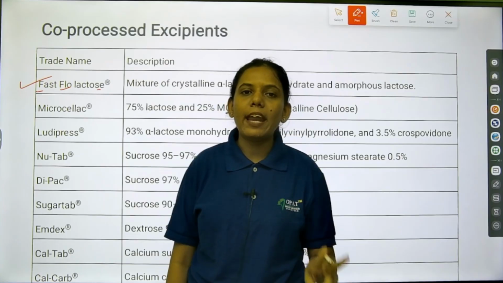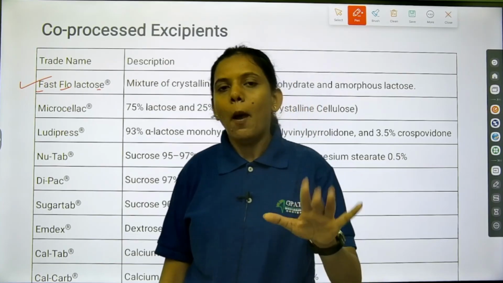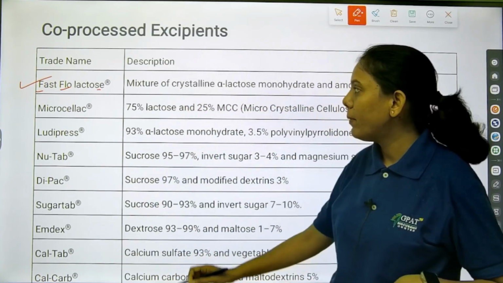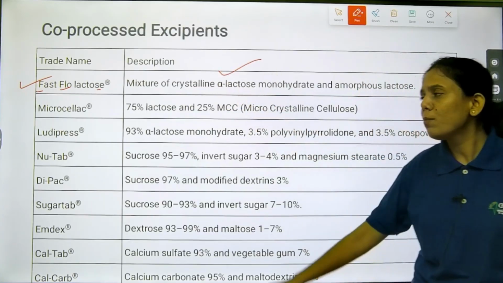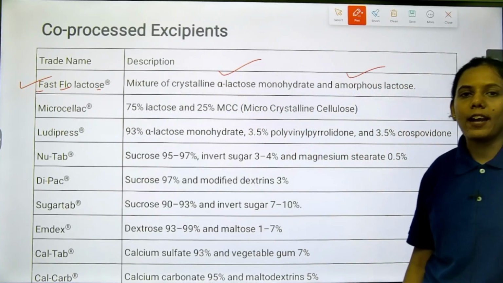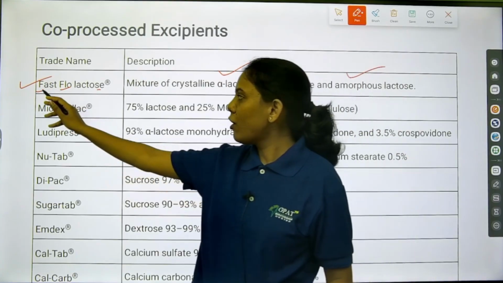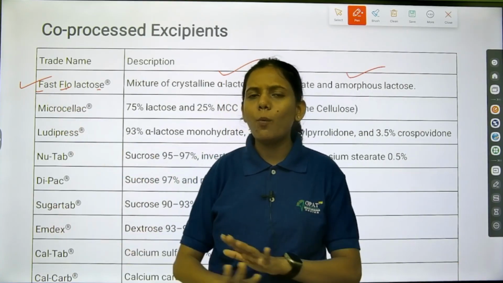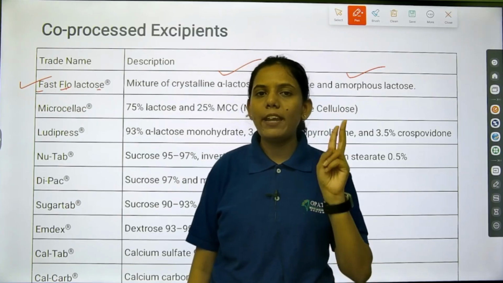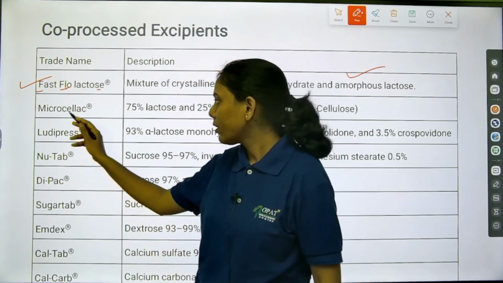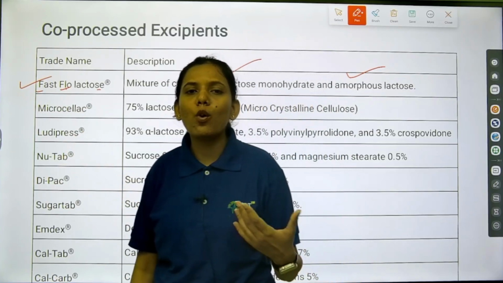The percentage you can remember later on, but remember it is a mixture of crystalline alpha lactose monohydrate and amorphous lactose. Very simple. Nothing else is present. No magnesium stearate, no lubricants. That's it.